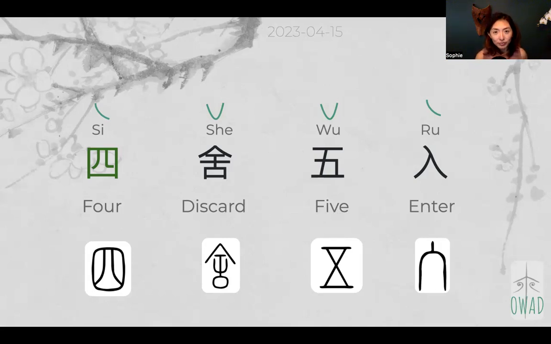四舍五入. Again, we have number 4. That's 4 vertical lines boxed in to make them one unit. And we have 5 that looks like 2 horizontal lines, and it's kind of a stool, right? Side view of a type of stool, or chair, standing like that with a knob up here. But this is heaven, this is earth.